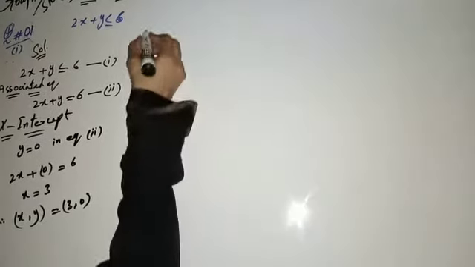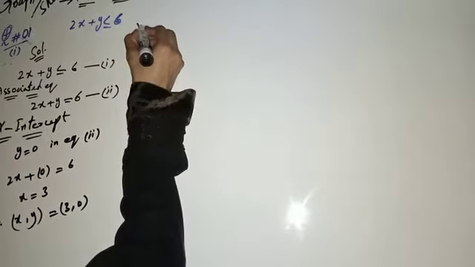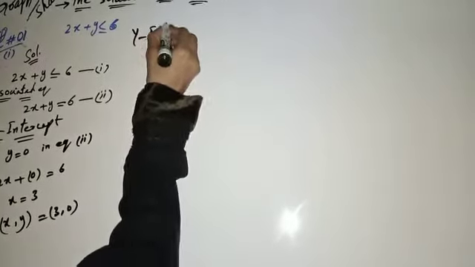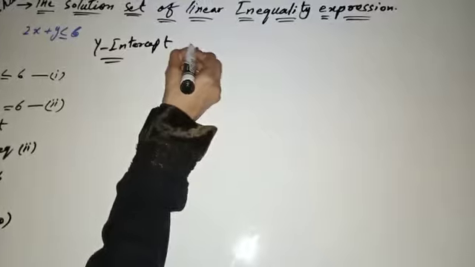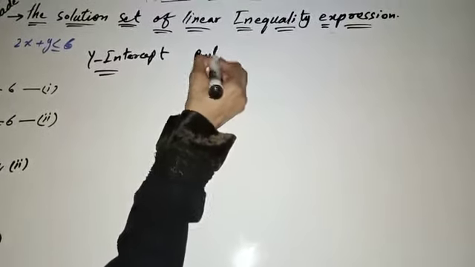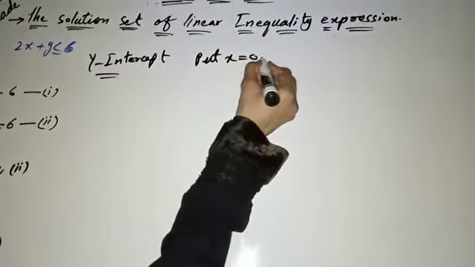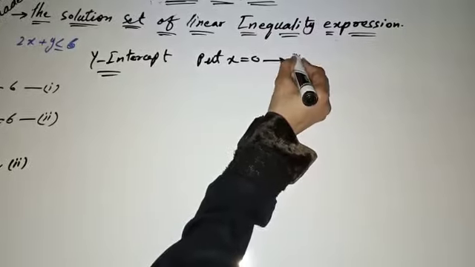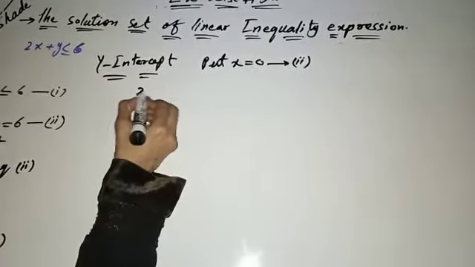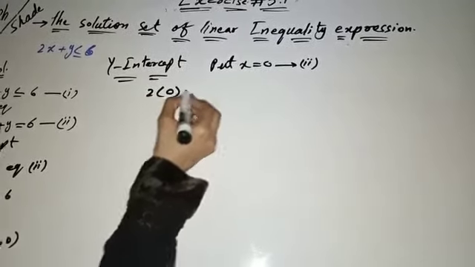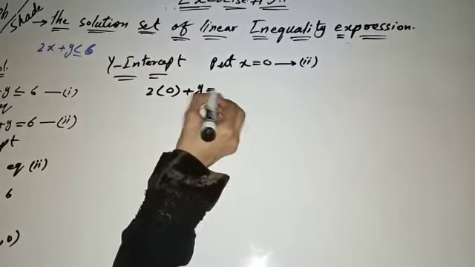Now the second intercept is the y-intercept. To calculate the y-intercept, put x equal to 0 in associated equation 2. The associated equation is 2 times 0 plus y is equal to 6.